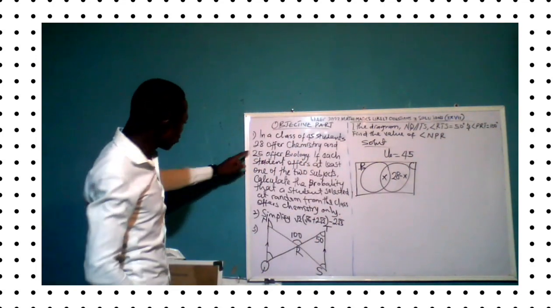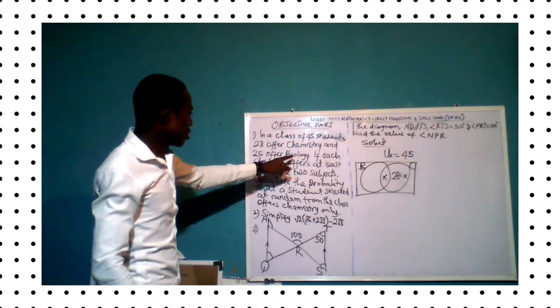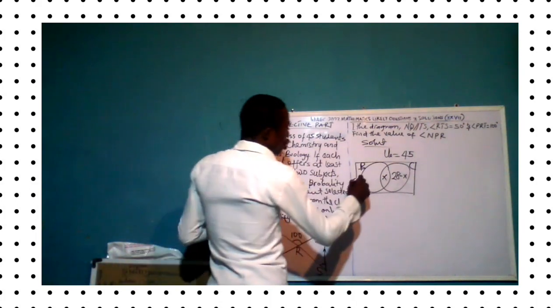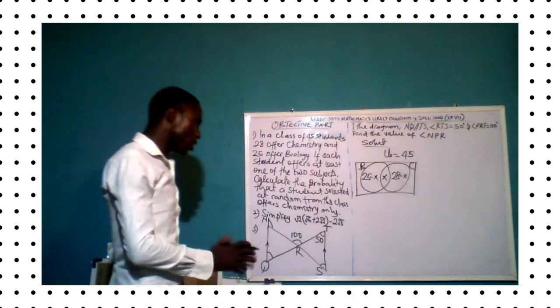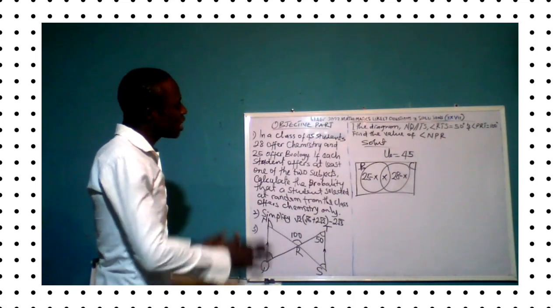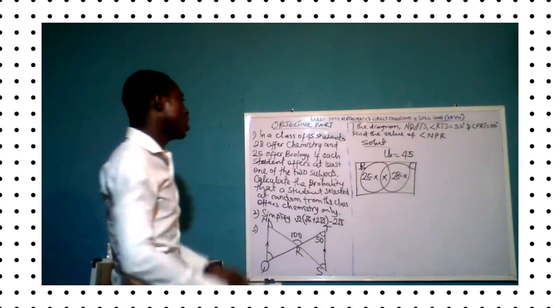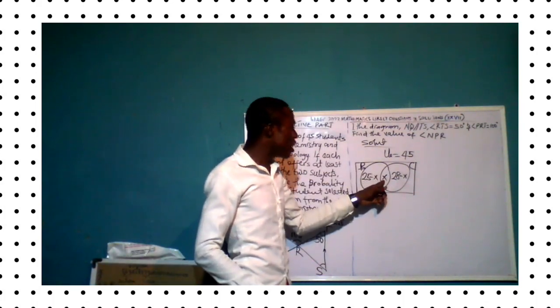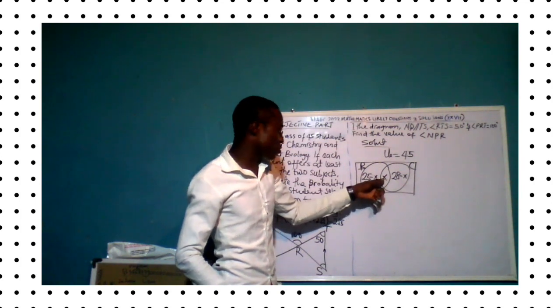And we are told that 25 offer biology. In the same way, it means that 25 minus X offer biology only, because among students that offer biology, we can still find students that also offer chemistry. Those are the students that fall in the region of intersection.